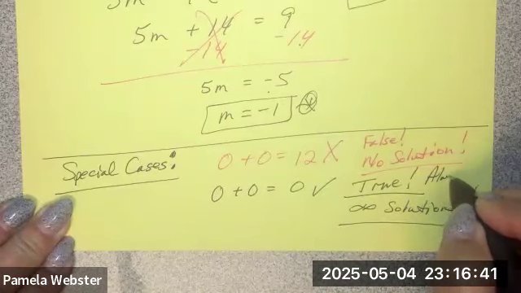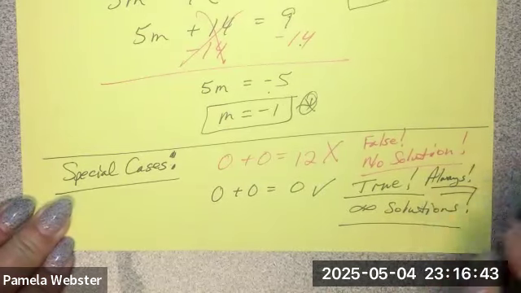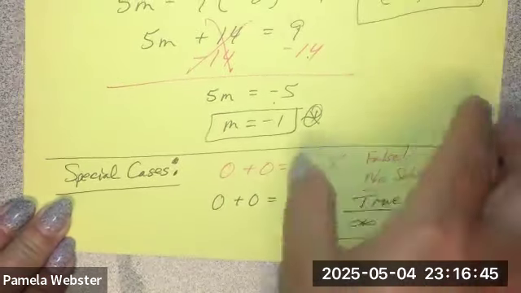So always. Then you're going to say, oh, that means there's an infinite number of solutions. So those two special cases, keep an eye out for them. You'll probably see one here or there on the final exam. So hopefully you guys know how to deal with them, right?